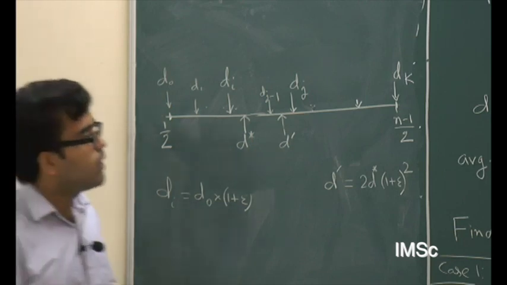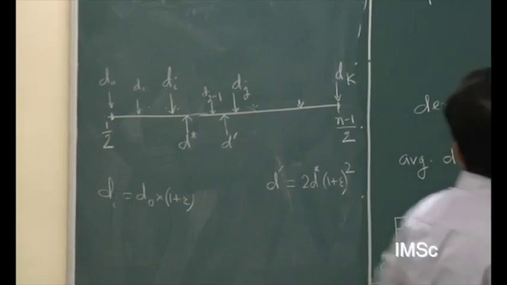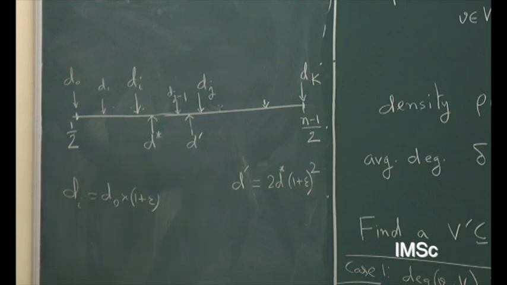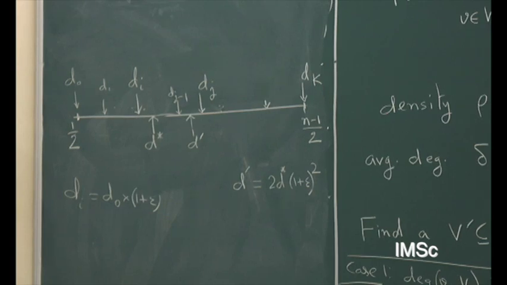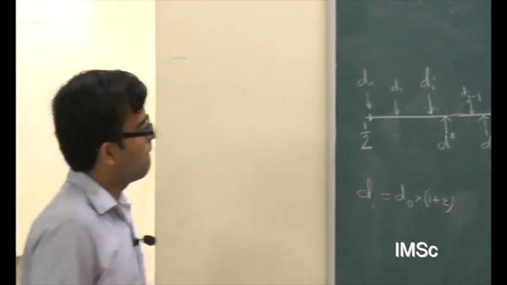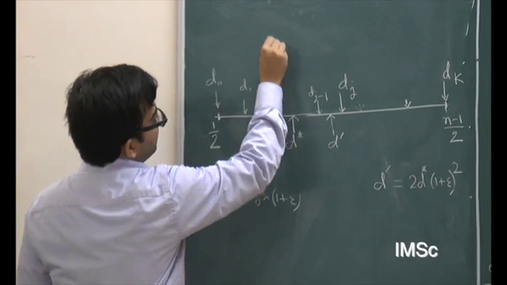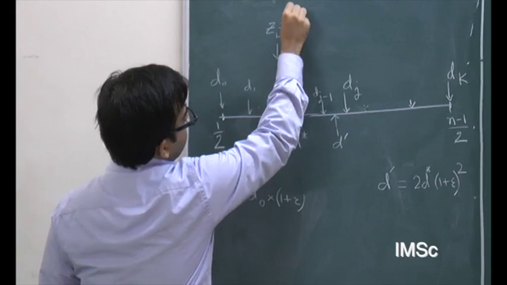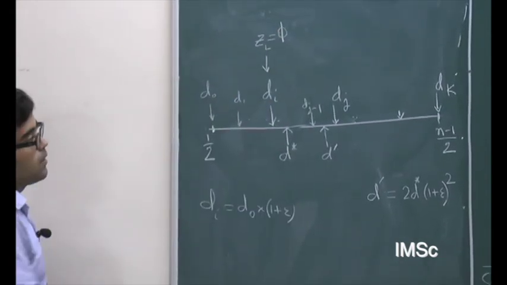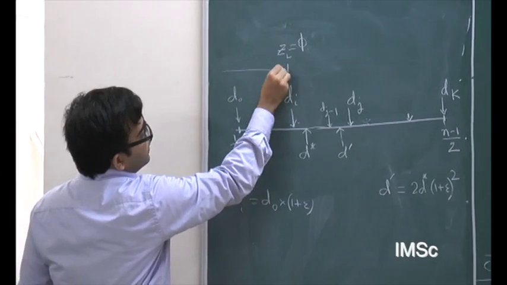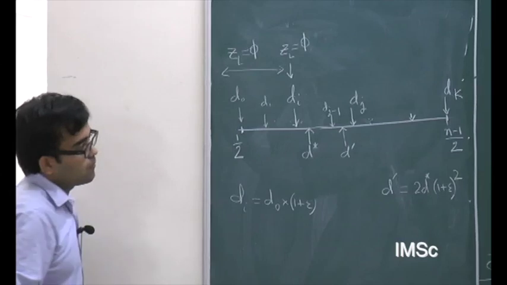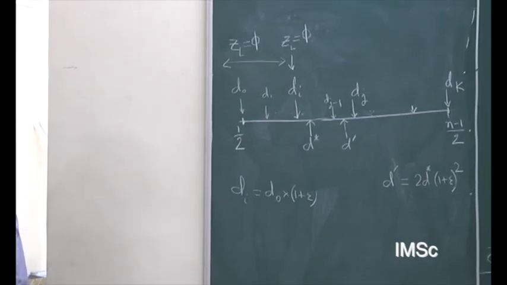Now if you run this algorithm for d0 to dk, what will you observe? Here the topmost layer will be empty, and in this entire range the topmost layer will be empty, right?